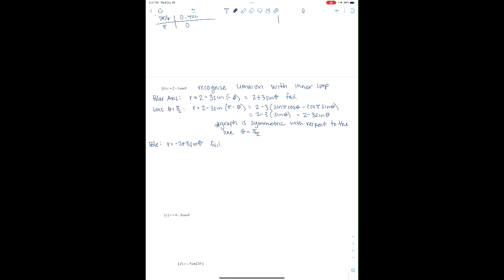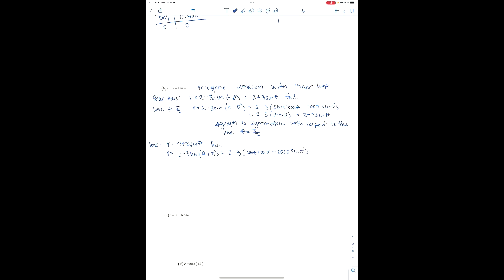So let's replace theta with theta plus pi. r equals 2 minus 3 sine of theta plus pi. That will give us 2 minus 3. Let's use our trig identities: sine theta times cosine pi plus cosine theta times sine pi.